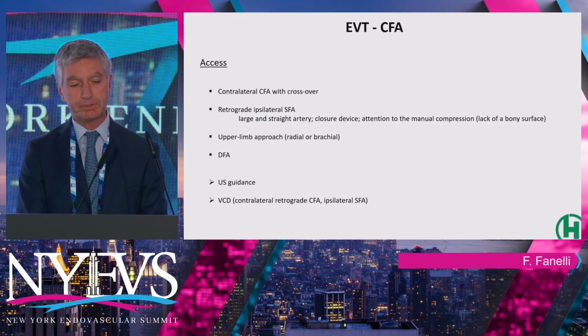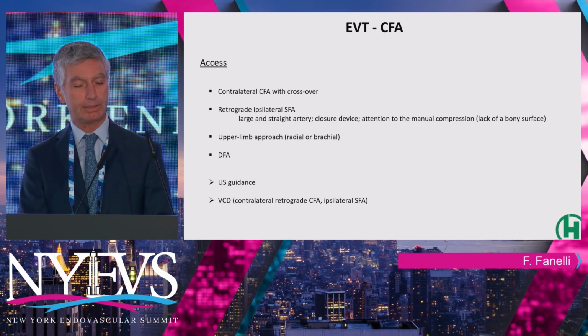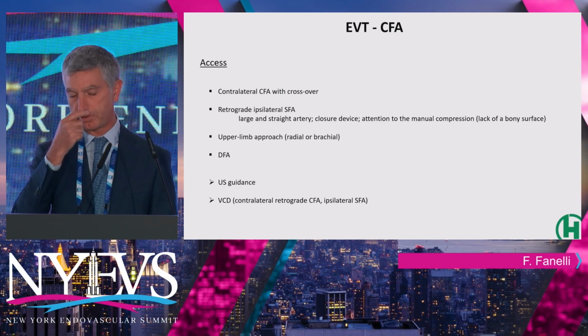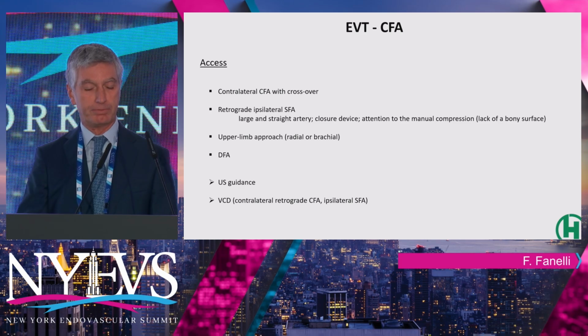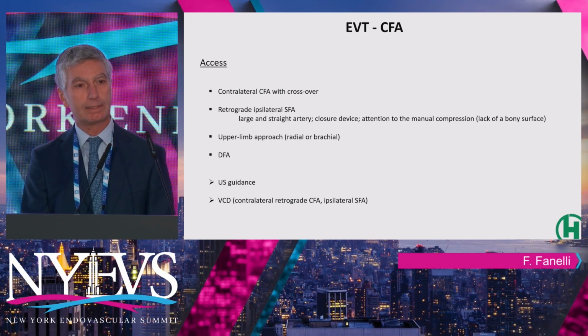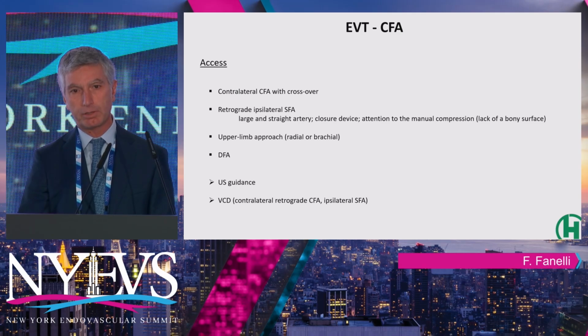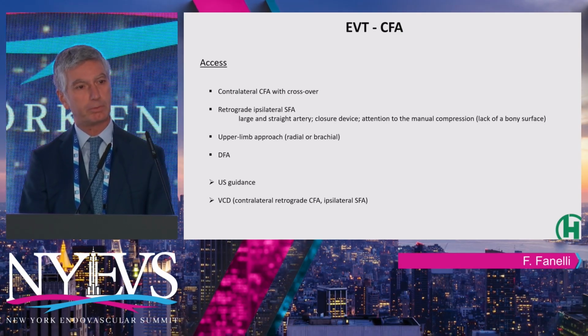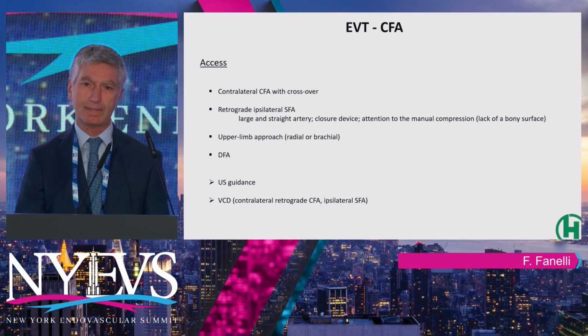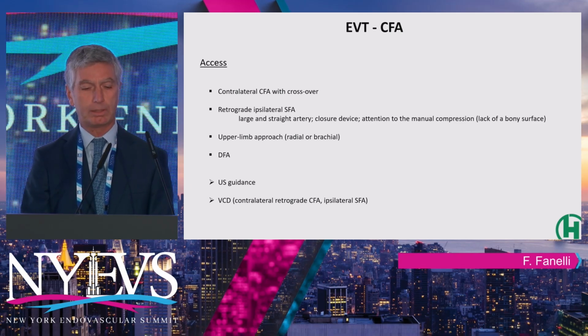Now, in terms of procedure, the first key point is how we can approach the common femoral artery. My preferred treatment modality is the contralateral side with a crossover, but we can also go retrograde from the ipsilateral superficial femoral artery. This is especially if we have a large vessel and a straightforward pathway.